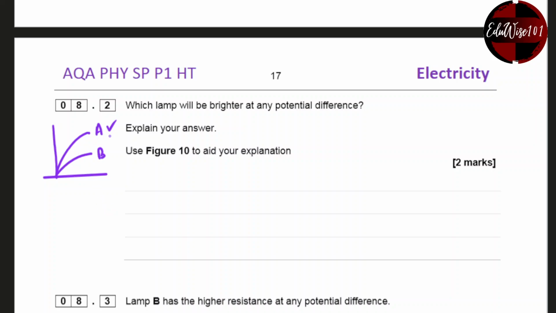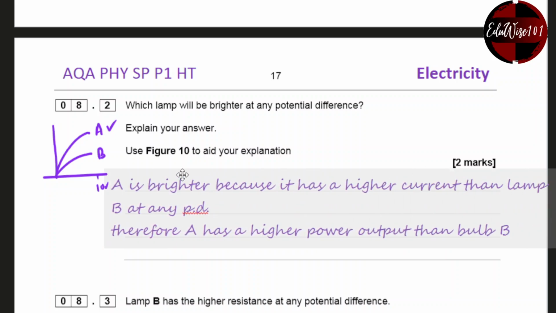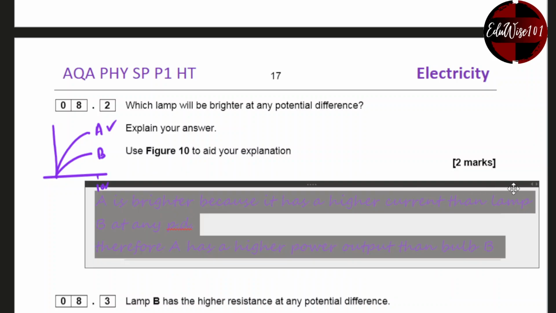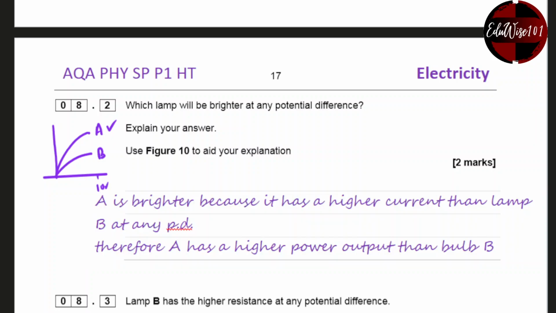Well, for lamp A, at any voltage according to the graph, the current in lamp A is always higher than in B. Now, if there's more current, then it's going to be brighter. A is brighter because it has a higher current than lamp B at any potential difference.